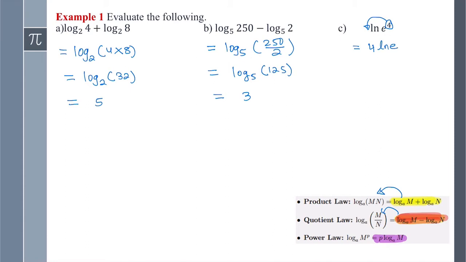In the last section, we discussed that natural log of e is 1, because natural log means the log with base e, and if we have the same number as the base, then it equals 1. So 4 times 1 is 4. These are the values for the given expressions.